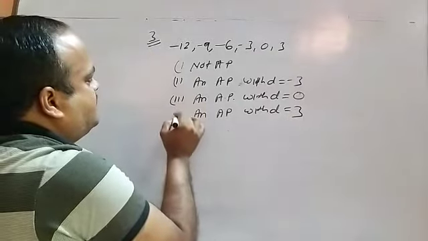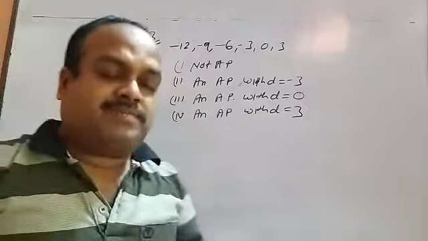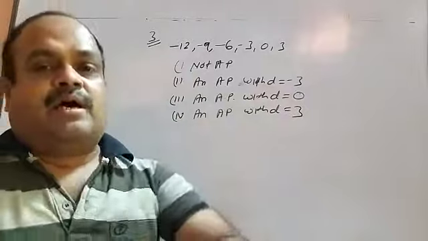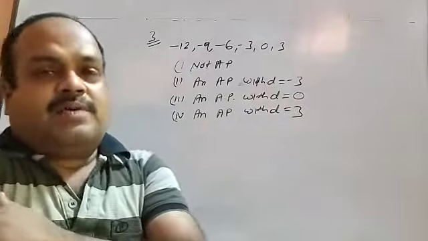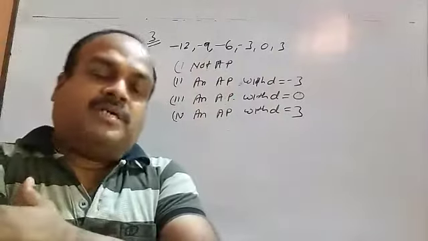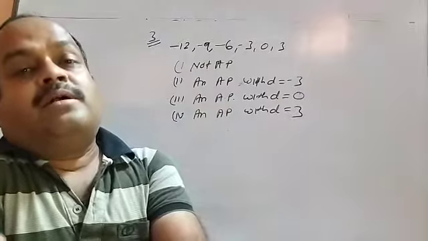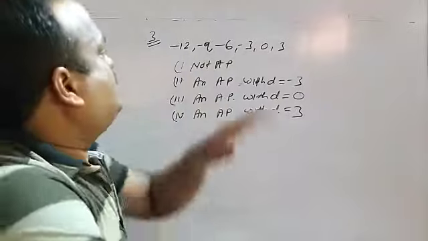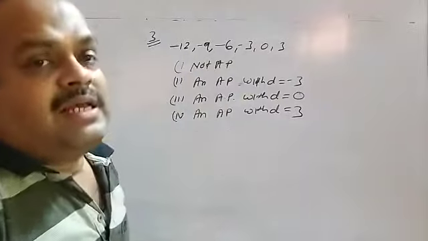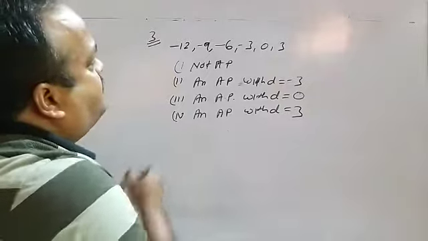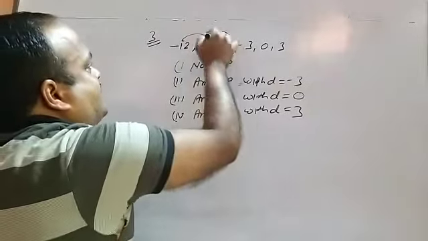We have 4 options. So let us first see whether the series is AP or not. If it is not AP, the first option will be correct. But if it is AP, then we need to see what the common difference is. A series will be called an AP if the difference remains common.